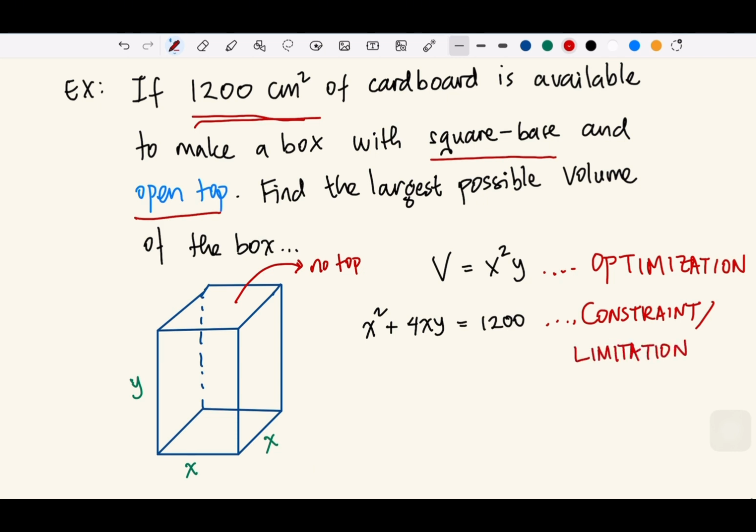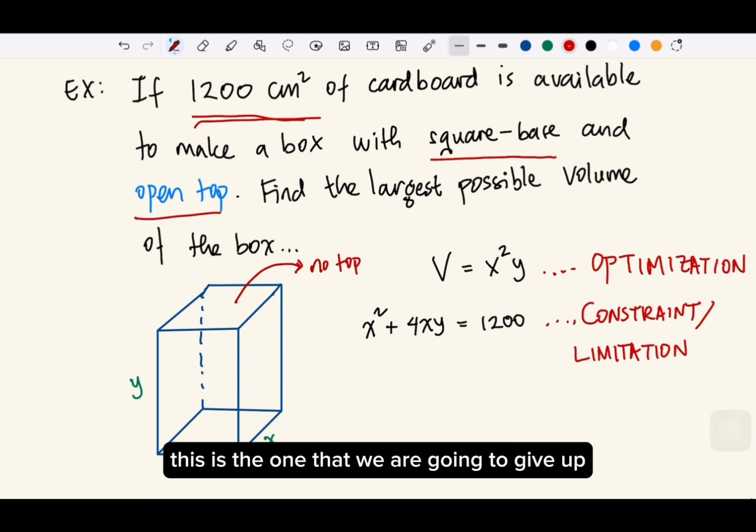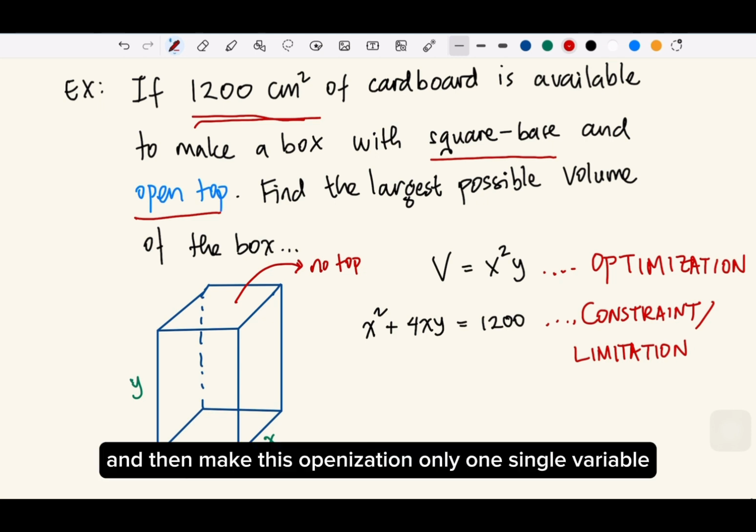So what will we do next? This is our optimization, the one that we are going to differentiate. But we have two variables, and we have this relation. So our goal is to use the relation to make this optimization a single variable.